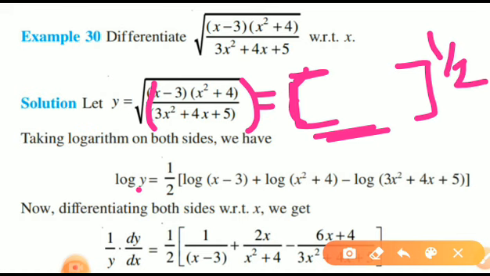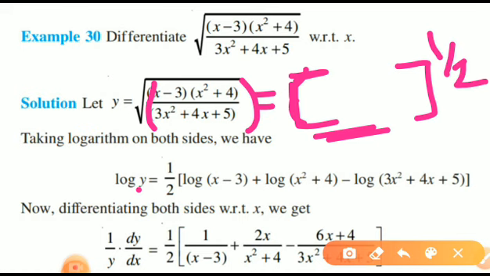Log of m by n is log of m minus log of n, and log of m into n is log of m plus log of n.